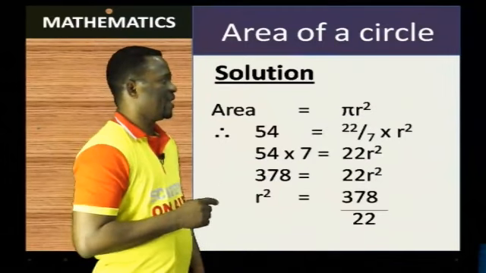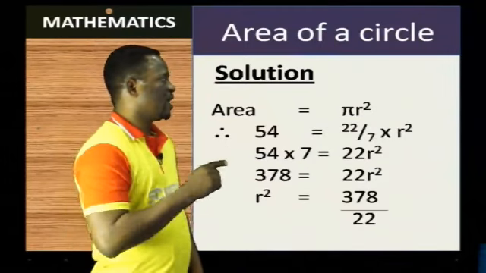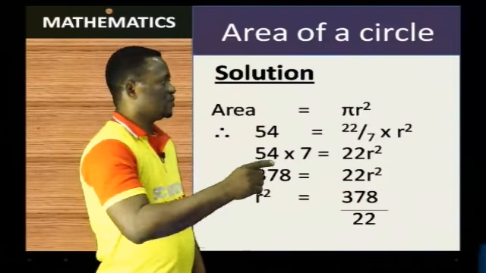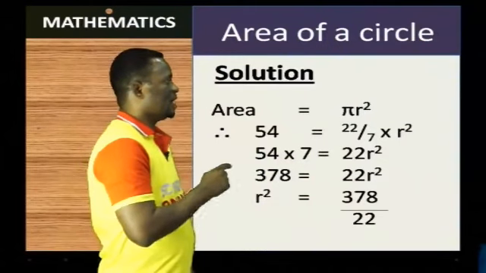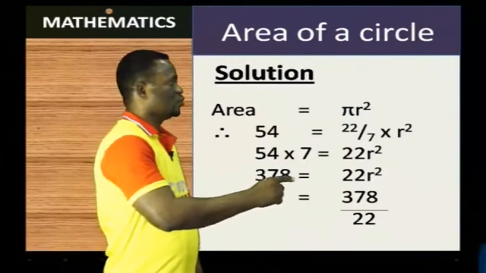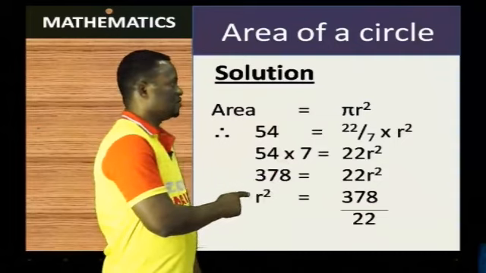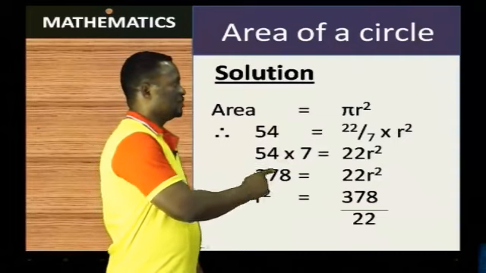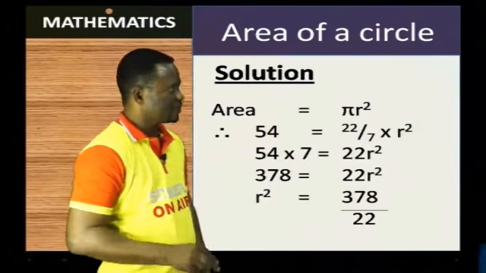We can cross multiply here because 22 over 7 times r squared is a product. So we have 54 times 7 is equal to 22 r squared. So we have 378 is equal to 22 r squared. If we make r squared the subject of the formula, we will have 378 over 22.